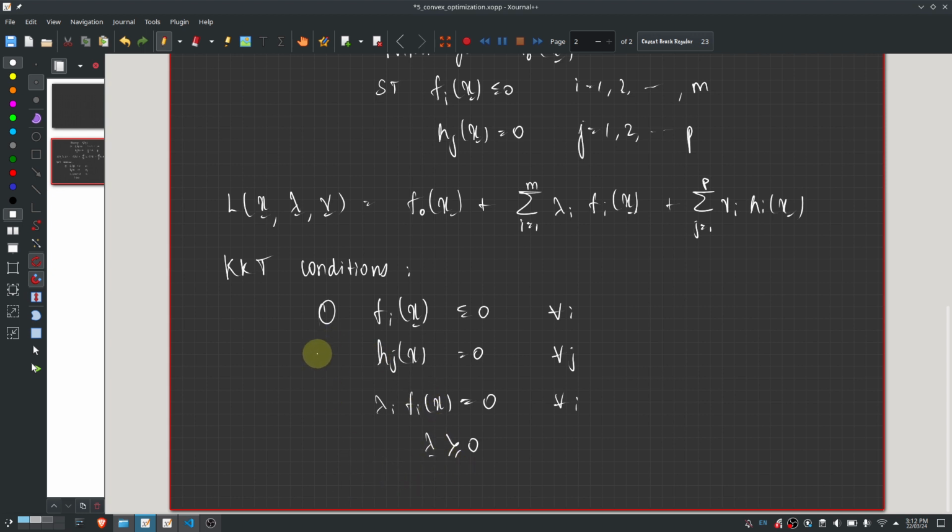And lastly, the gradient of the Lagrangian taken with respect to x should be equal to 0.